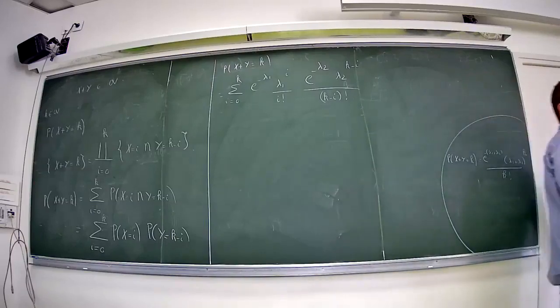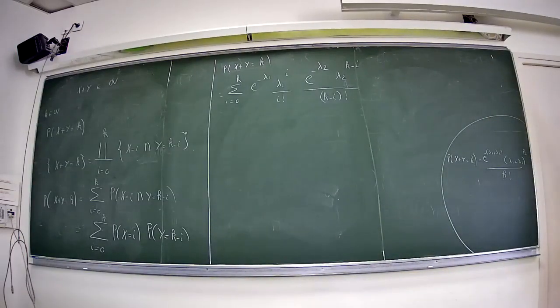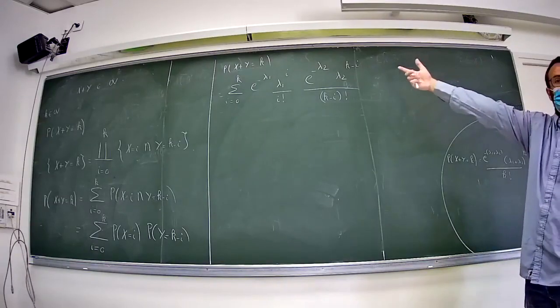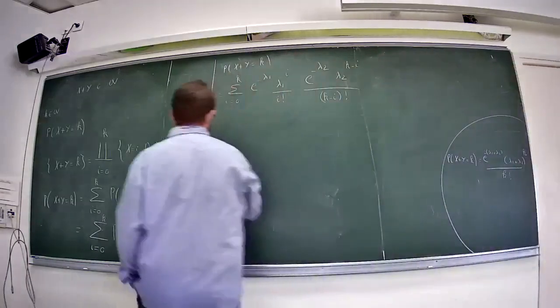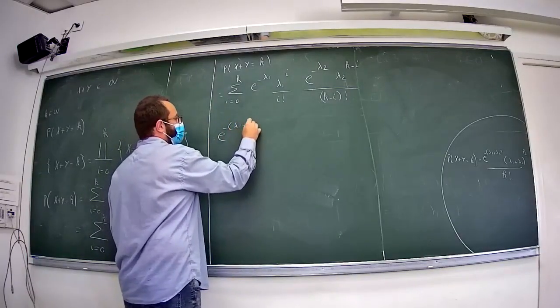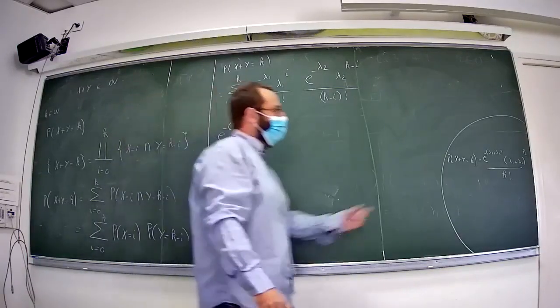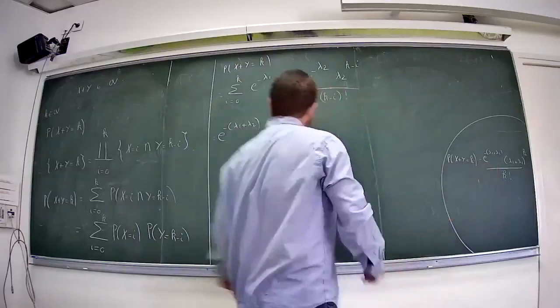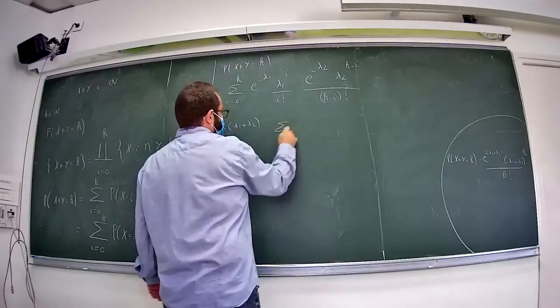Because I want to prove that I have the Poisson of parameter lambda 1 plus lambda 2. My question is how to recover what I want from what I have here. First, I have already the exponential. Not that bad. I have the exponential, so the beginning of what I want. And I have a sum.